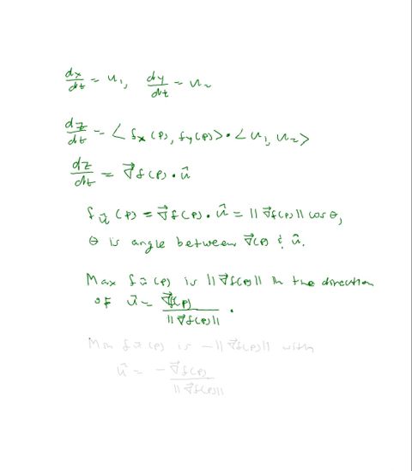And the minimum value of the directional derivative at p is the negative of the magnitude of del f at p. And the direction that gives us that minimum value is in the direction of u hat equals the negative of del f at p divided by magnitude of del f at p.